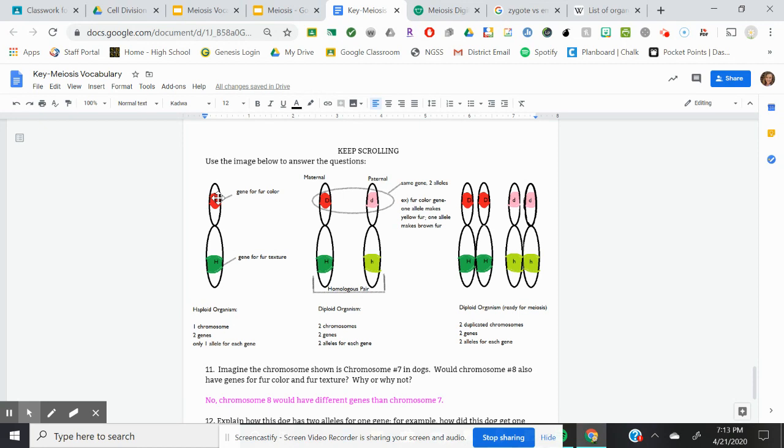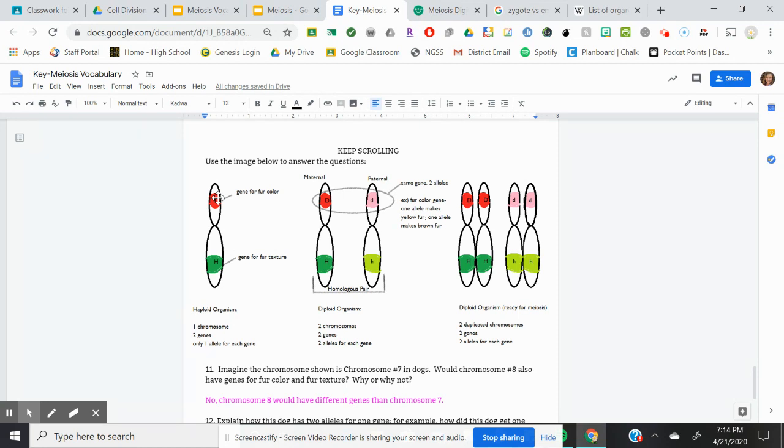Chromosome number 8 might have genes for eye color and size. Chromosome number 9 would have genes for maybe behavior and ear size. I don't know, okay?